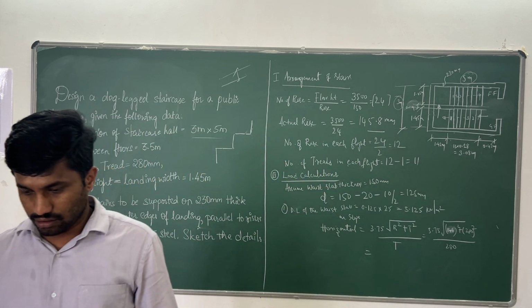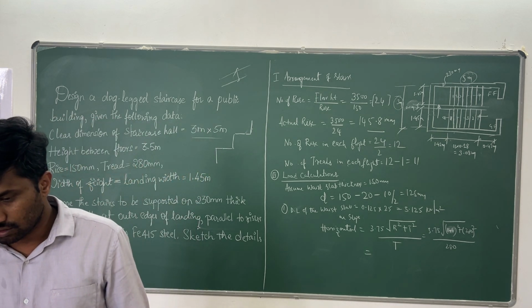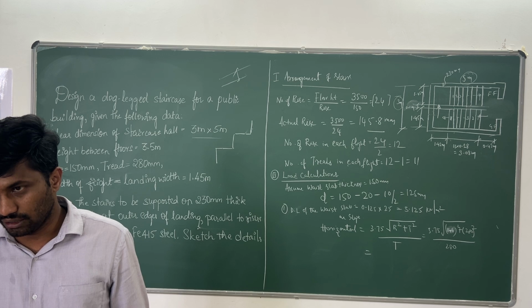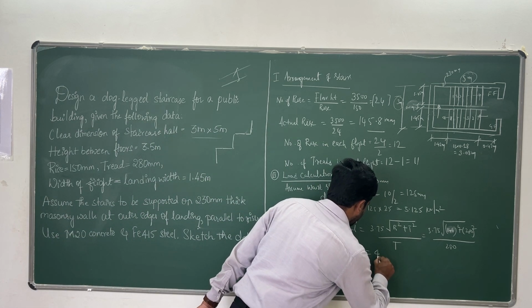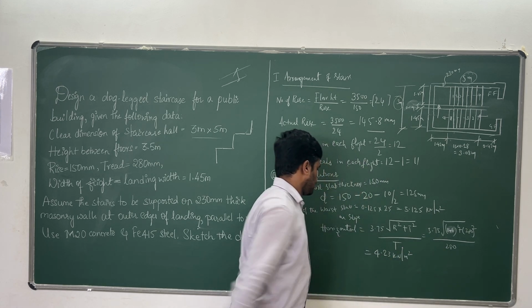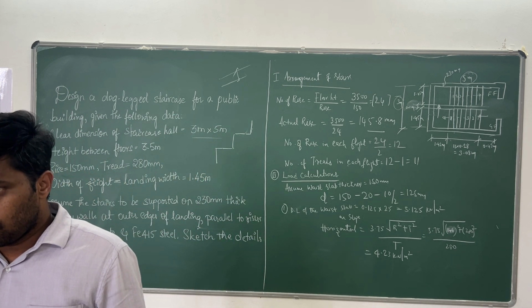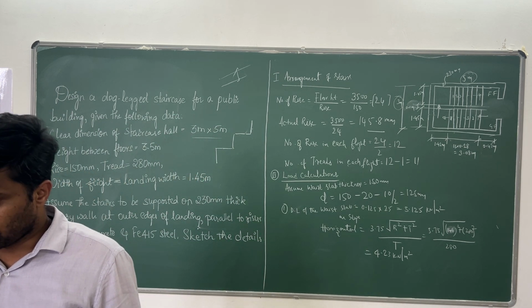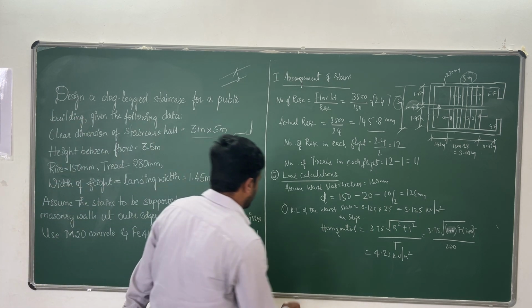You get around 4.23, value 4.23. Please check. 4.23 kilonewton per meter square. Okay, right. Next, dead load of each step.